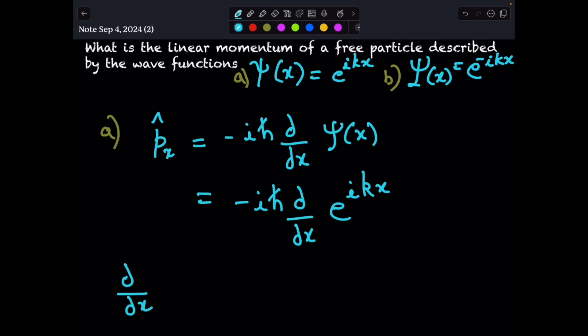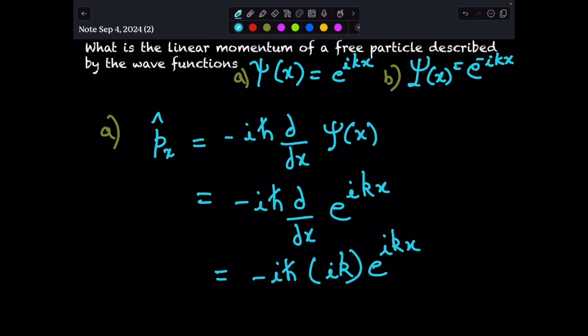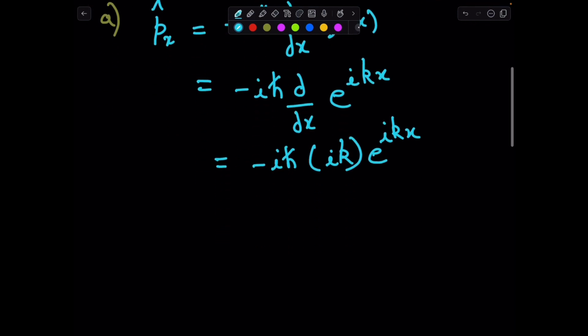The derivative of e to the power mx equals m e to the power mx. So applying this, we get minus i h cross times ik times e to the power ikx. i squared equals -1.